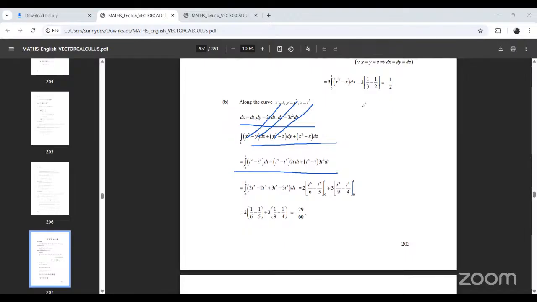Okay. Next, x equal to t, no? Then dx becomes dt. Then y equal to t square, no? Then dy becomes 2t dt.